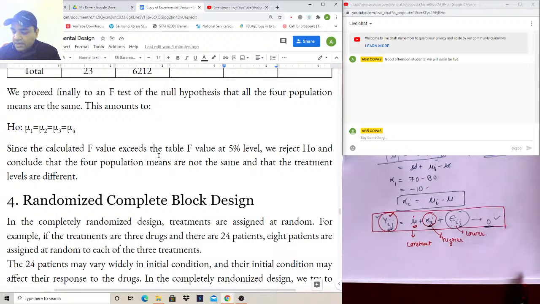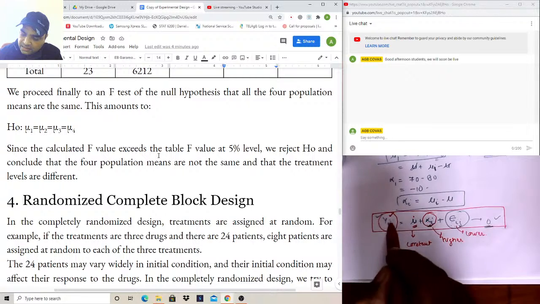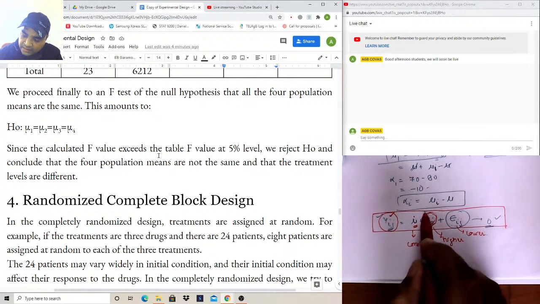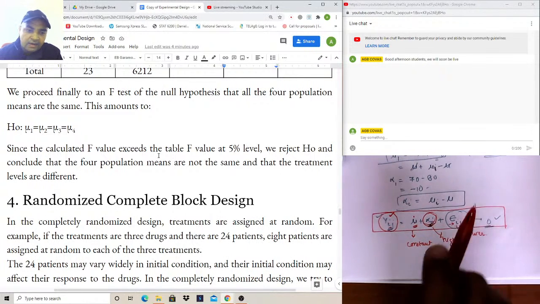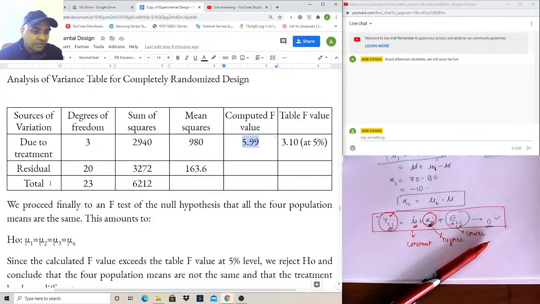That is, when we apply your fertilizers, there is a significant difference in the yield, that is, this thing is affected by this thing, it is not mere chance. If it had not been because of this alpha, this Yij would go into error, that is this residual component, this error part.